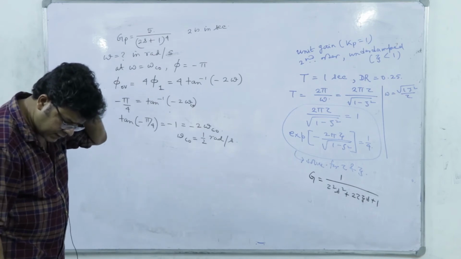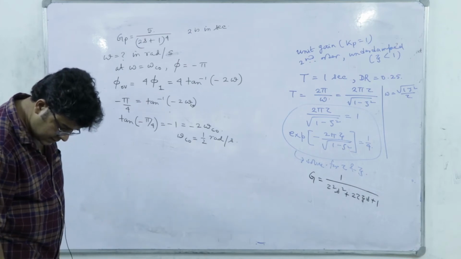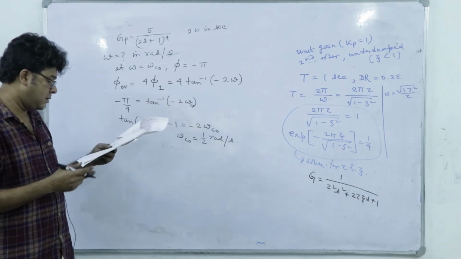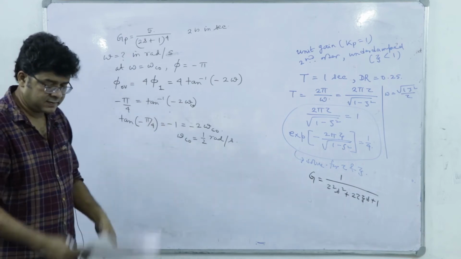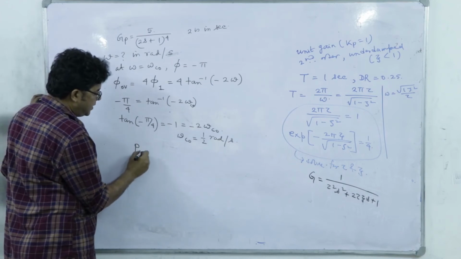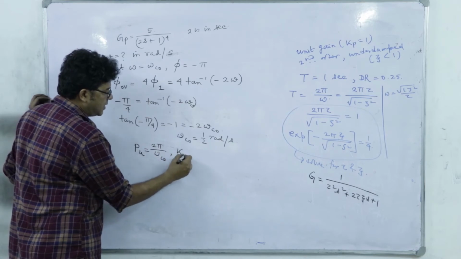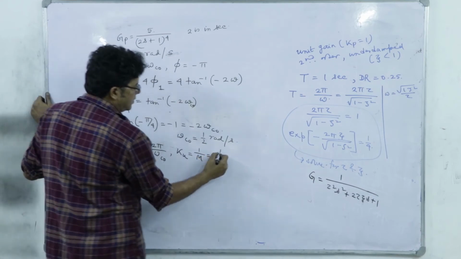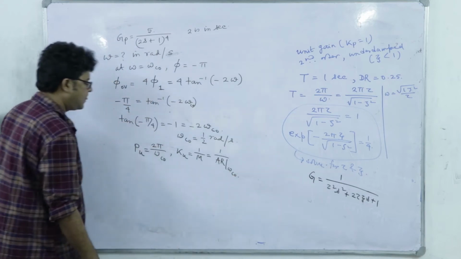For the computation of Ziegler-Nichols setting, the ultimate period in second per cycle and the ultimate gains are. Now, what is the ultimate period? Pu is equal to 2 pi by omega cu, and ultimate gain Ku is equal to 1 by m, and m is amplitude ratio at crossover frequency.